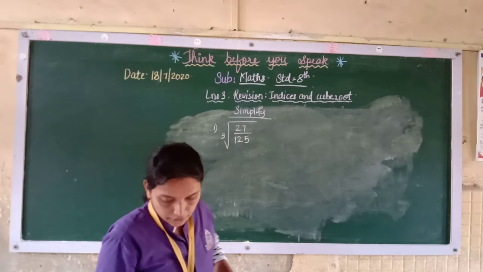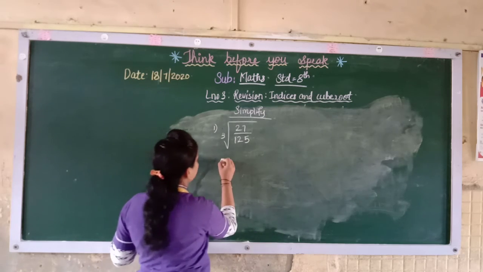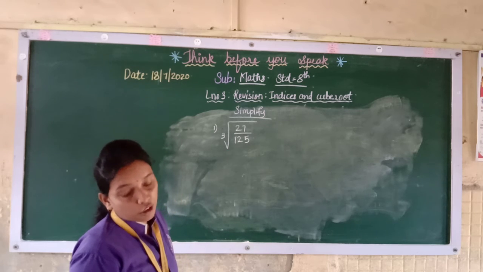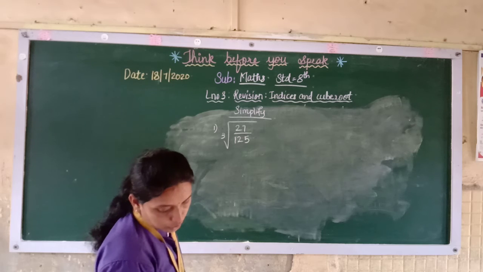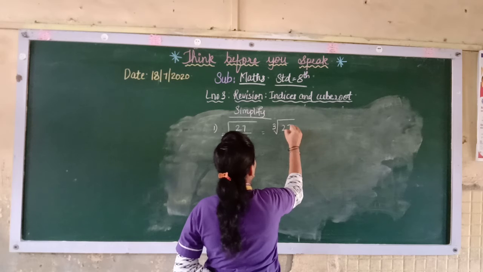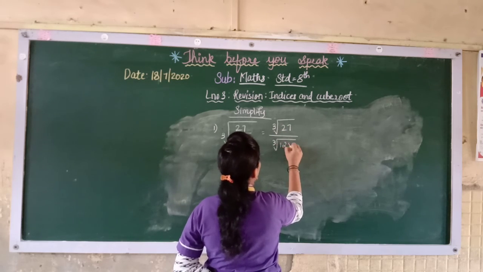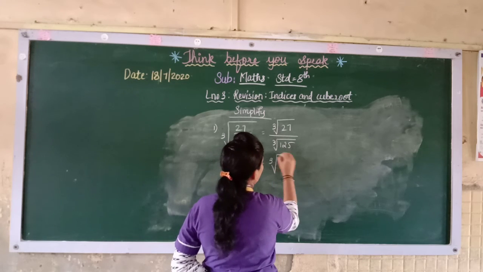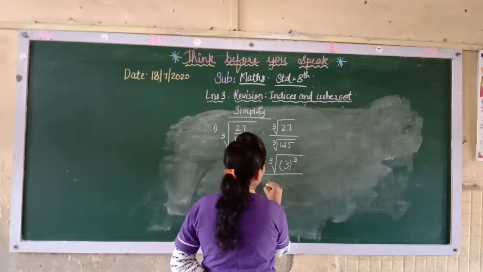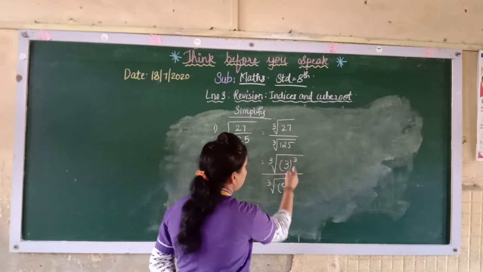Now as you know, 27 is the cube of 3 and 125 is the cube of 5. So here what will you do? See, the cube root of 27 is what? 3 3s are 9, 9 3s are 27. And here 125 is 5 cube. So this is the cube root.